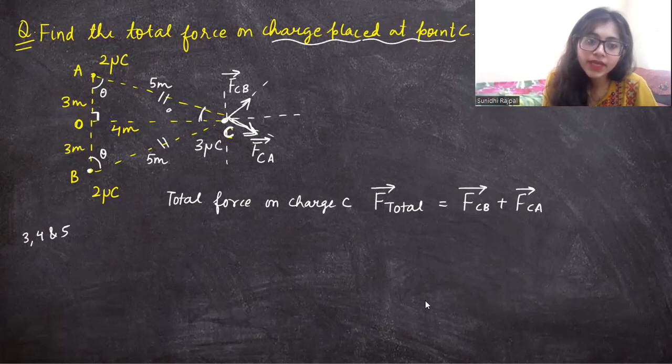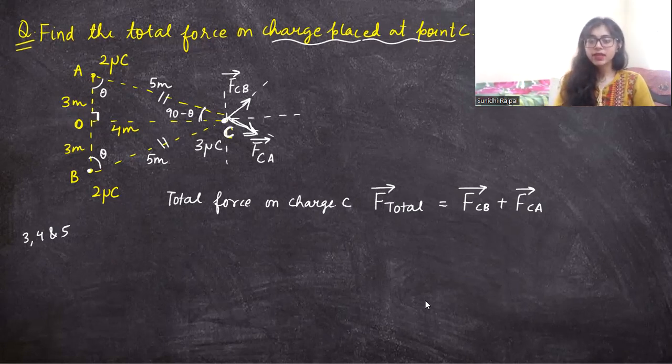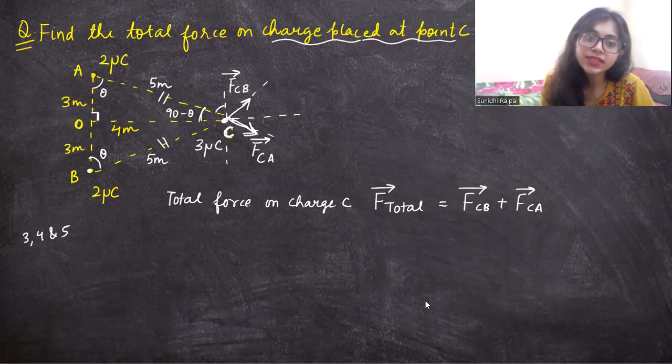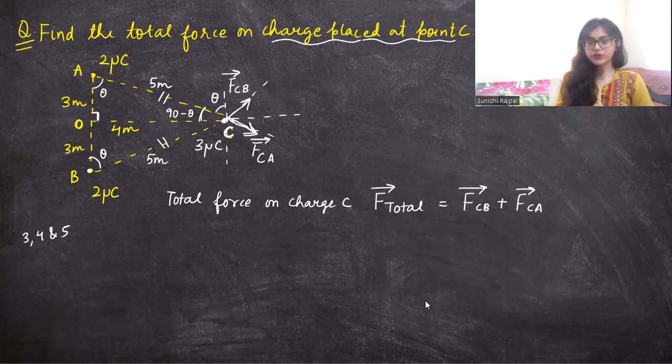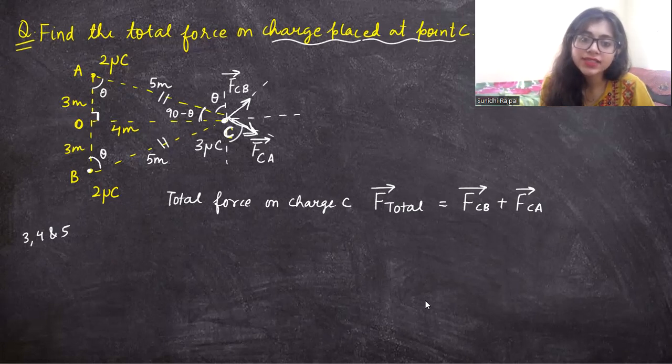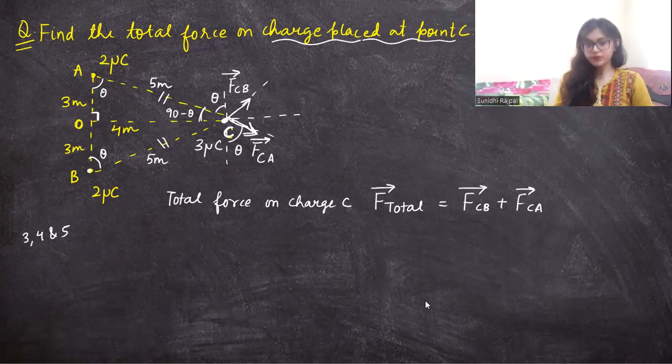This angle will be 90 minus theta. If this is 90 minus theta, this angle will be theta. And if this angle is theta, then this angle is also theta.